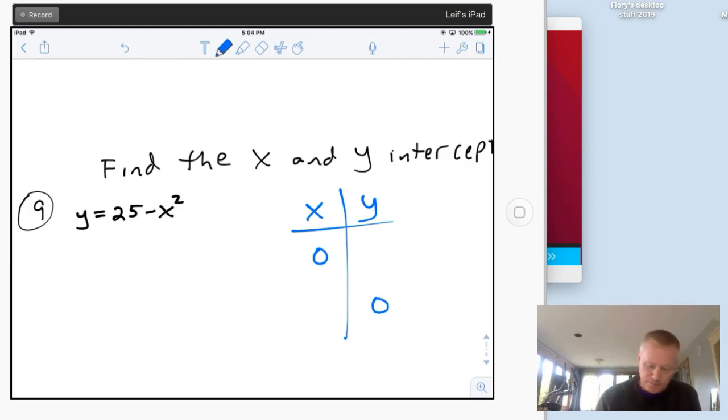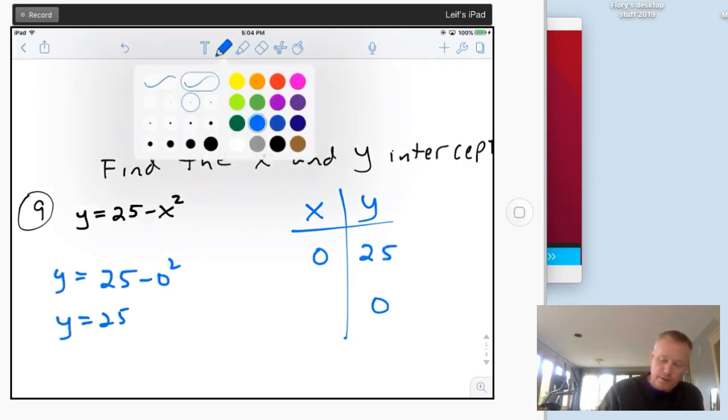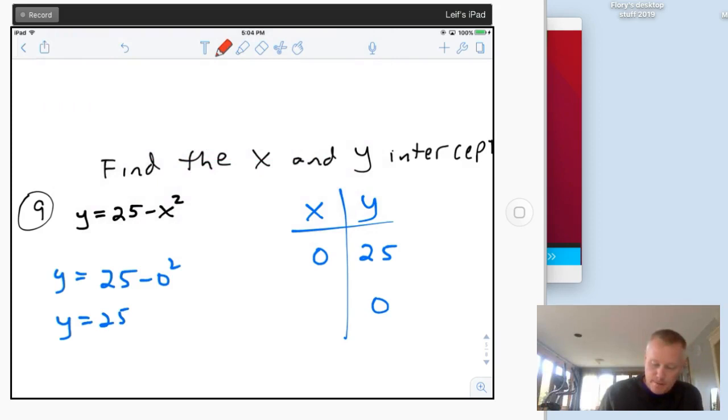So let's do the easy one first. I plug in 0 for x, then I get 25 minus 0 squared equals y. So therefore, y equals 25. That was nice and easy. See, that one's the easy one. And then if I take the other one, where I plug in 0 for y, I get 0 equals 25 minus x squared.